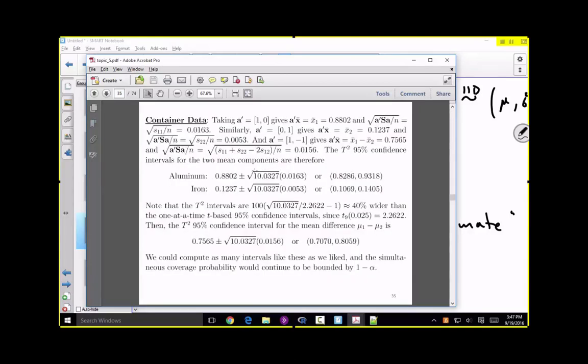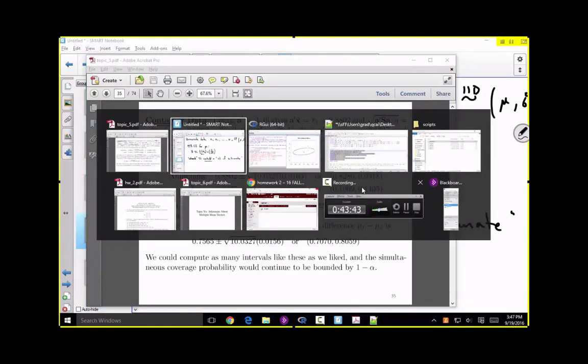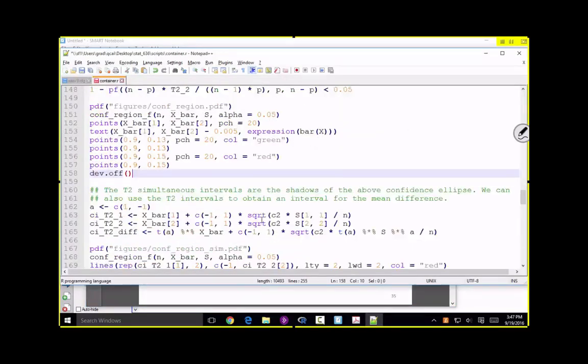I plug the square root of that in place of a t critical value. So I get intervals 8286 to 9318, and another one, 0.10 up to 0.14. Let's go back to R and see how these are computed.